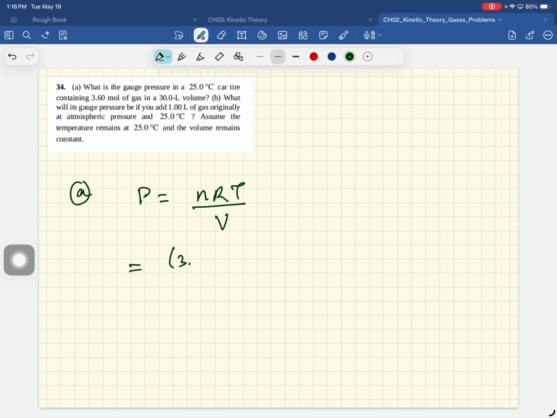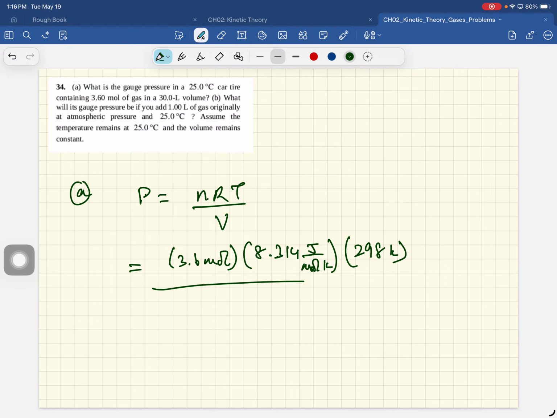So you would put R, temperature, volume, okay? So the new pressure will be, all you do is take this old pressure, divide by 3.6 and multiply by 3.64.